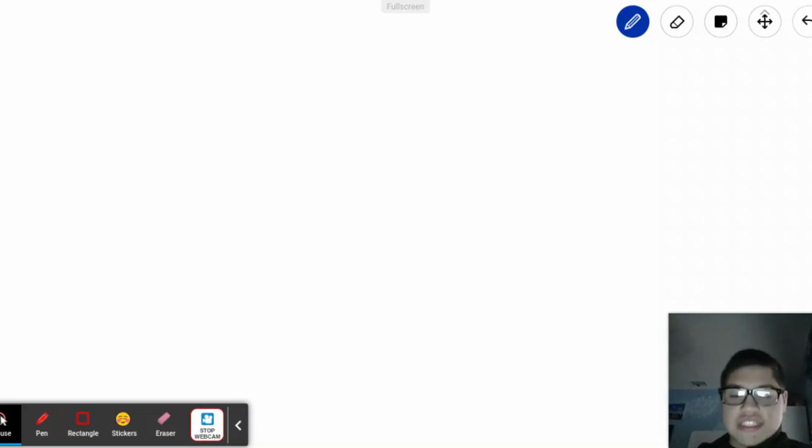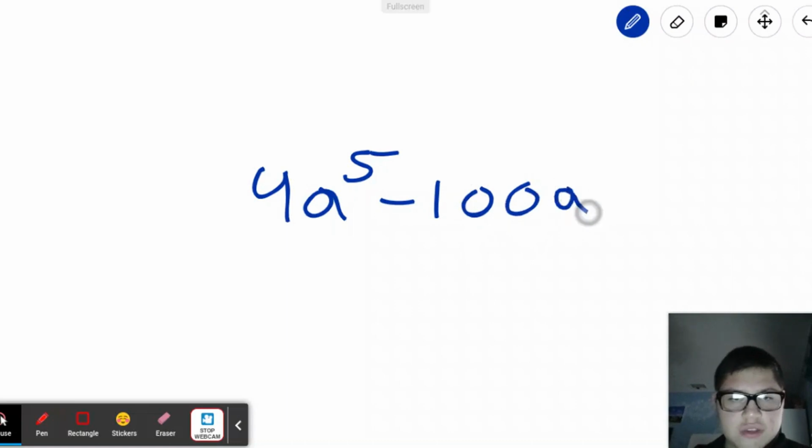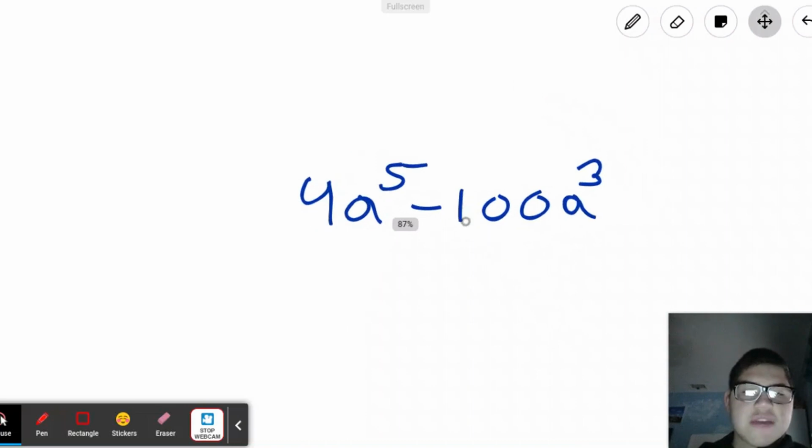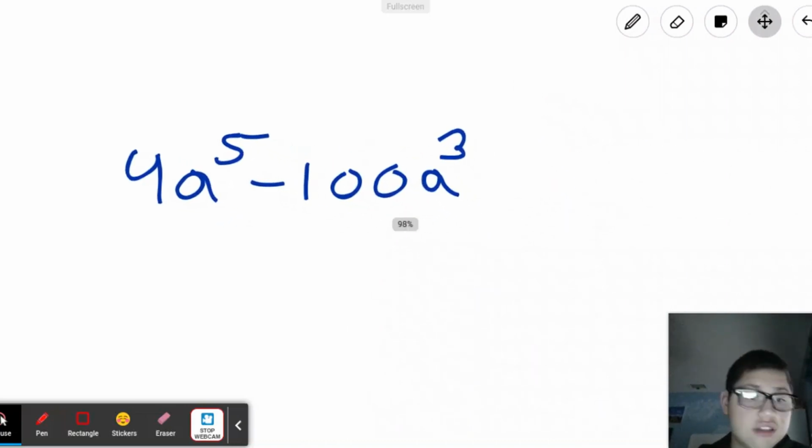I would have an issue, for example, with 4a^5 minus 108a^2, or a cubed. So this would be one of my issues that I would be dealing with. And this problem really gave me a lot of issues.